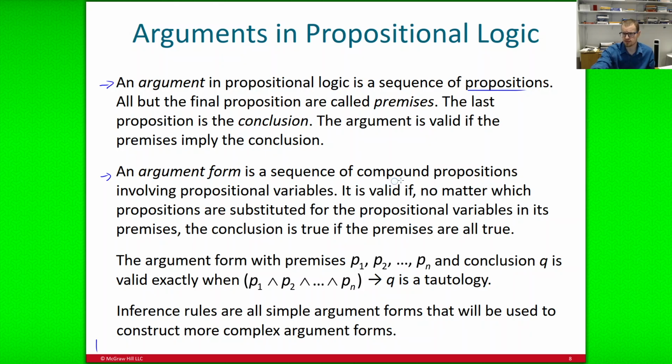Here it says sequence of compound propositions. These can be compound propositions as well, so I'm not sure why they make that particular distinction. And then here they have propositional variables. We're going to use placeholders. Propositional functions are actually the variables, and then those propositional functions have variables within them.